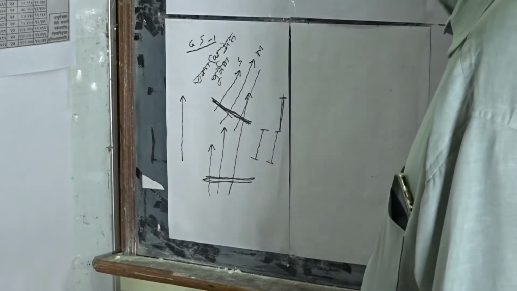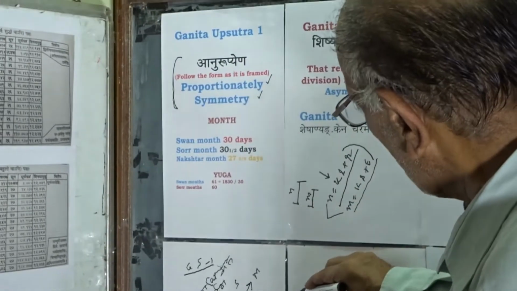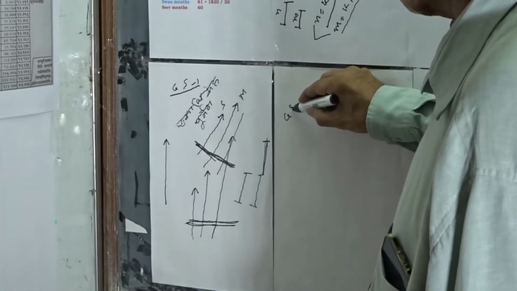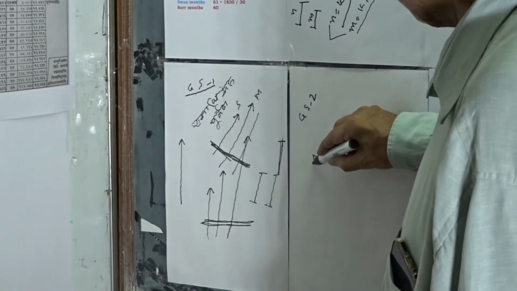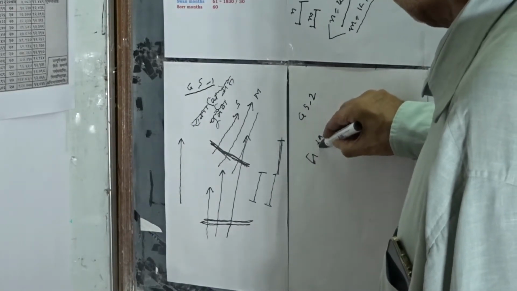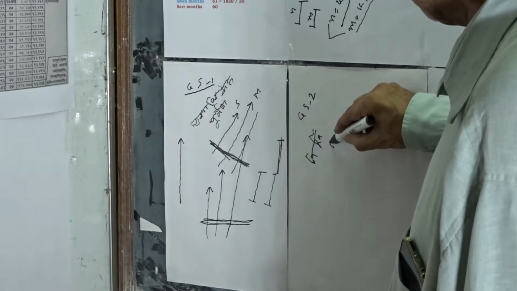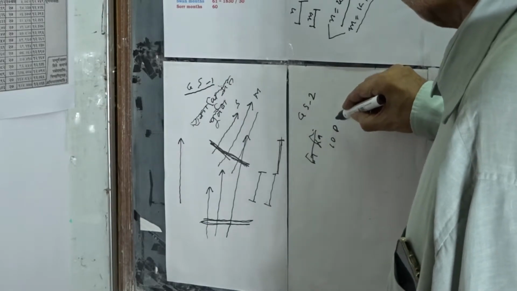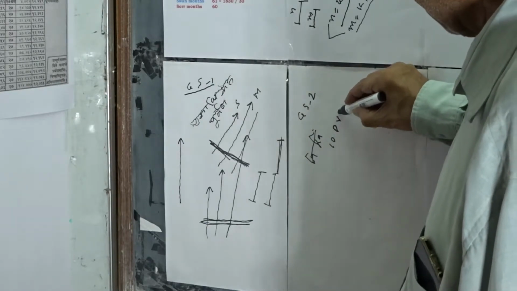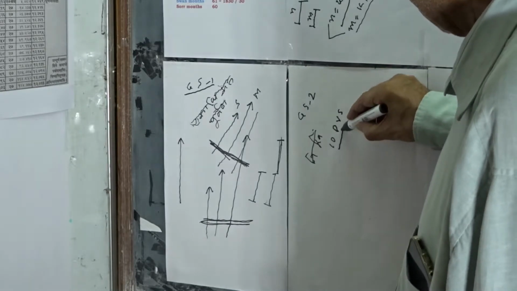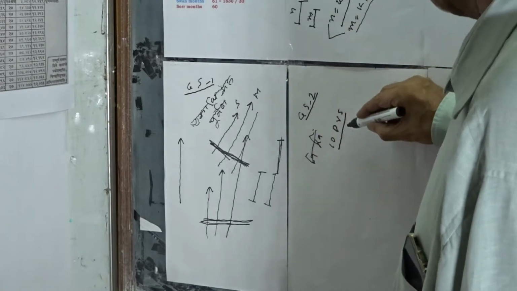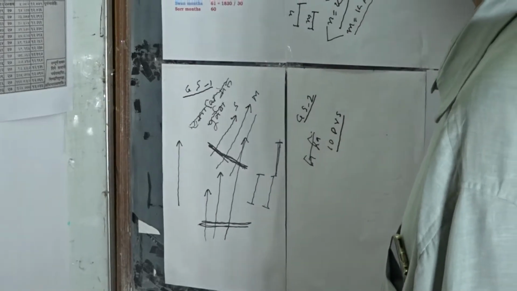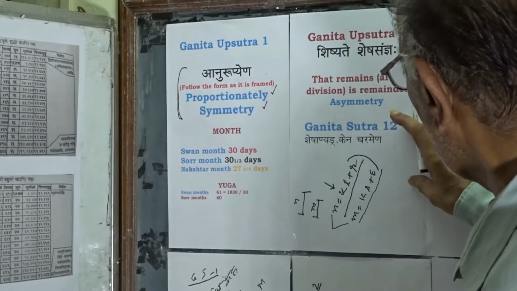Now Ganita Upsutra 2 is to be read along with Ganita Sutra 2, Nikhilam Navatashcaramam Dashatah. It is all from 9 and last from 10. It is a 10 place value system. So the 10 place value system is the format and rule of Ganita Sutra 2, and then Ganita Sutra 2 takes us to the remainders.